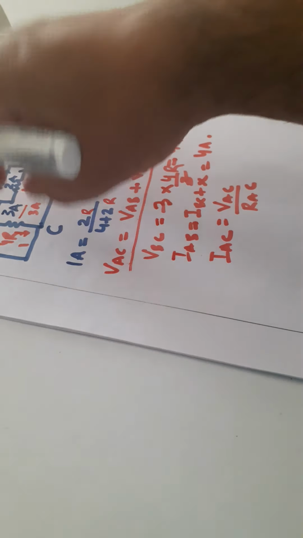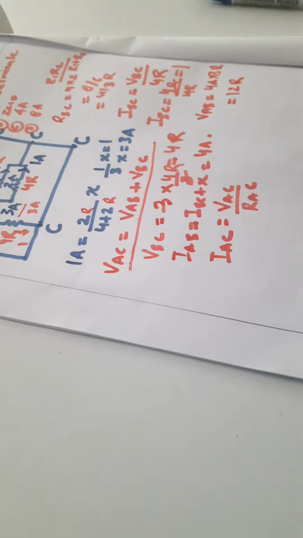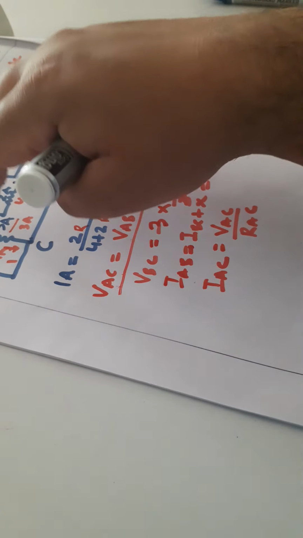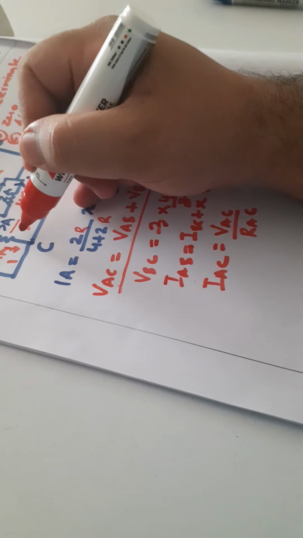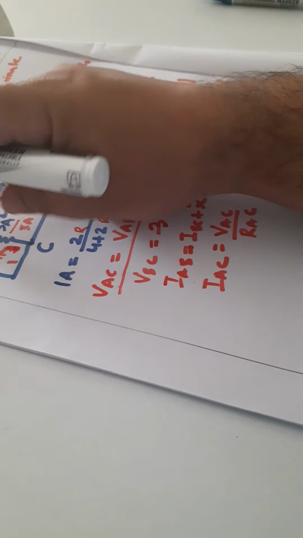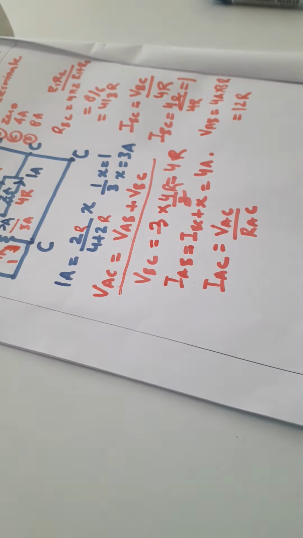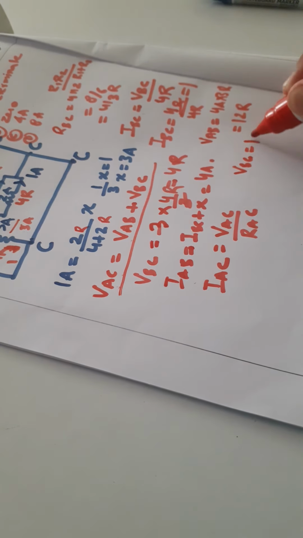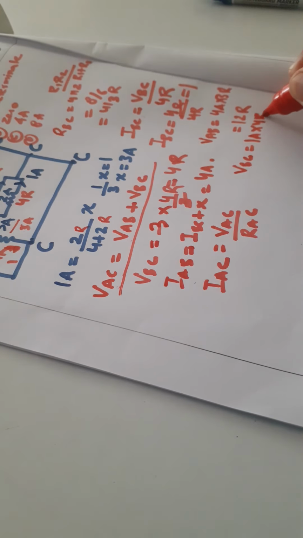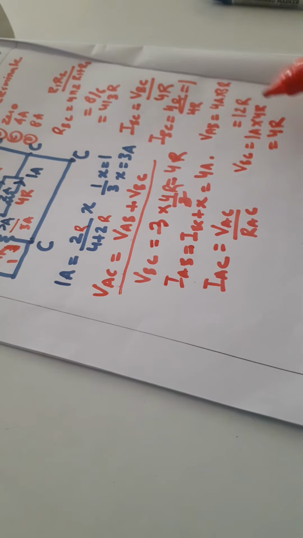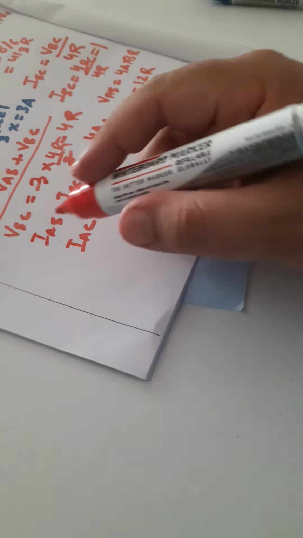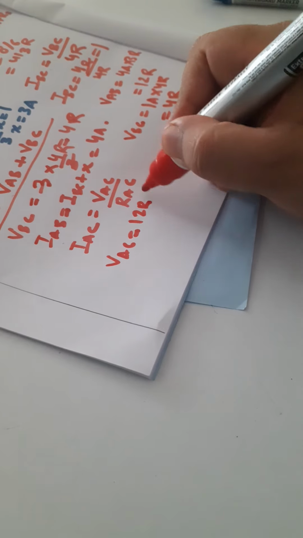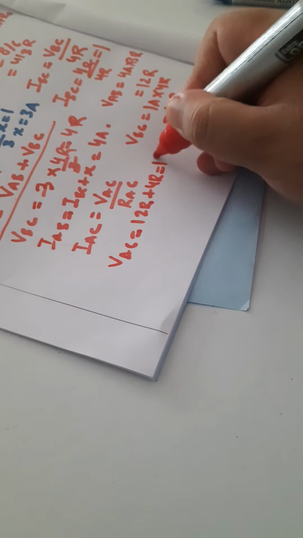VBC is 1 ampere into 4R, so this becomes 4R. So the total VAC is 12R plus 4R, that is 16R.